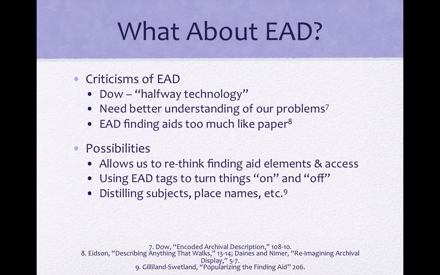We can do things such as using EAD tags to turn elements on and off in the finding aid, or we could use tags to distill subjects or place names and automatically spit those out into a list, which could be used for browsing.